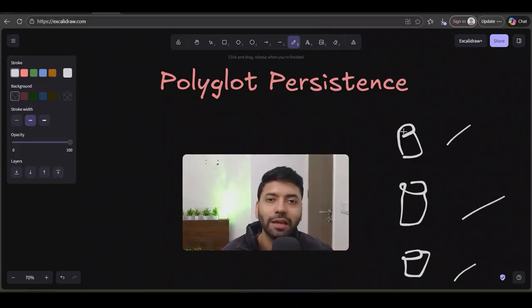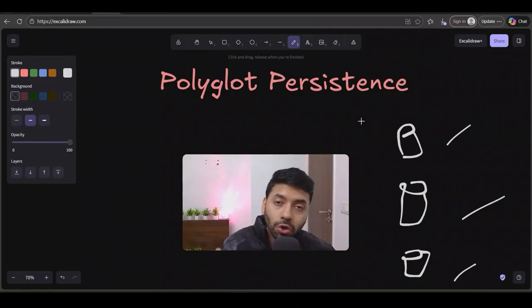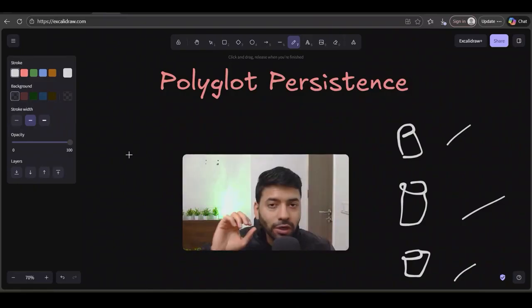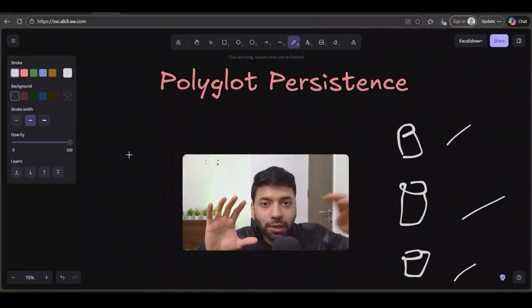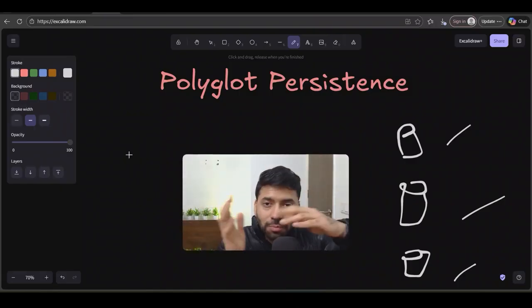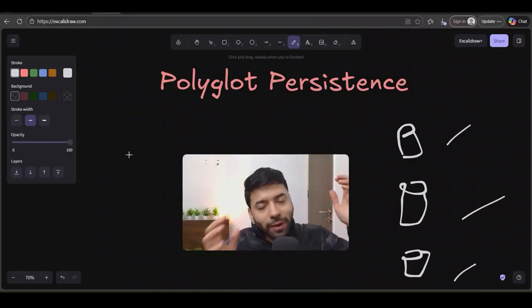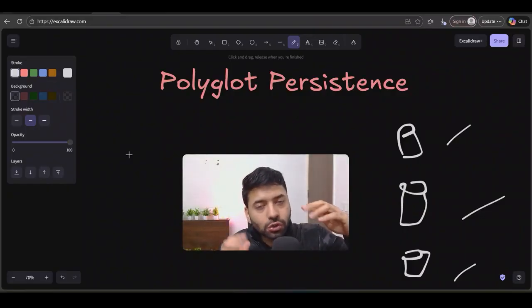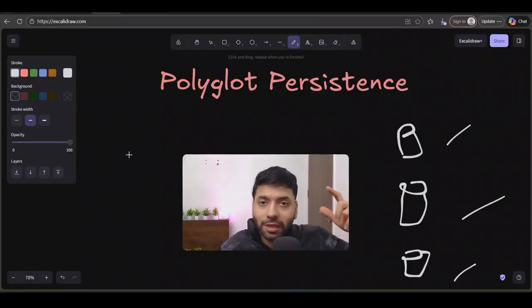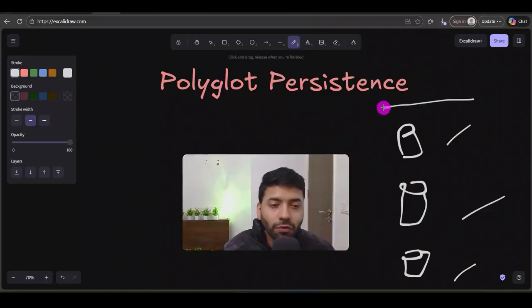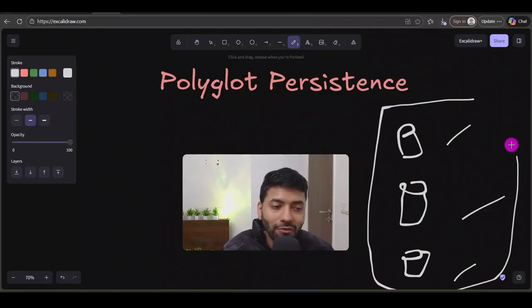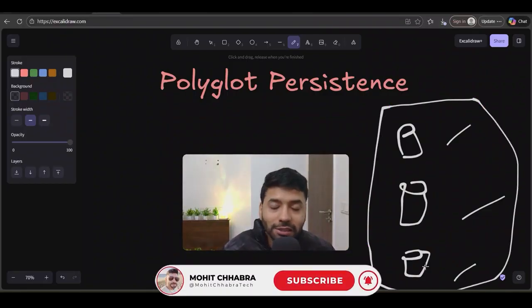So as we discussed, we have SQL, we have NoSQL, we have Elasticsearch, we have time-series database, and we also have NewSQL, correct? So in your system, you can use multiple databases because your system provides a lot of features and functionality, correct? And depending on what problem you are trying to solve, you can choose a specific database depending on the requirement. So for the same system, we can have multiple different databases used in it.